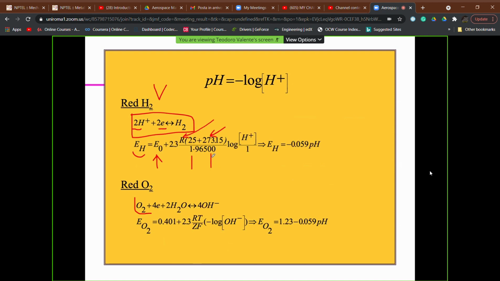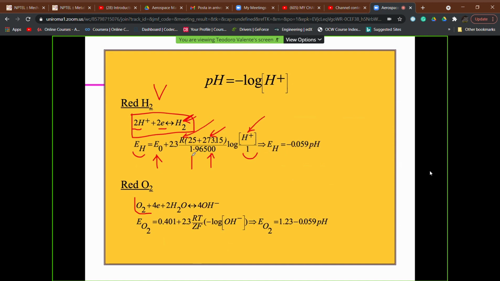F is the Faraday constant, and then we have the logarithm of the oxidized species, which is H plus, divided by the logarithm of the reduced species, which is a gas, hydrogen. By convention, the activity, that is the concentration, is taken equal to 1, as it happens also for solids.